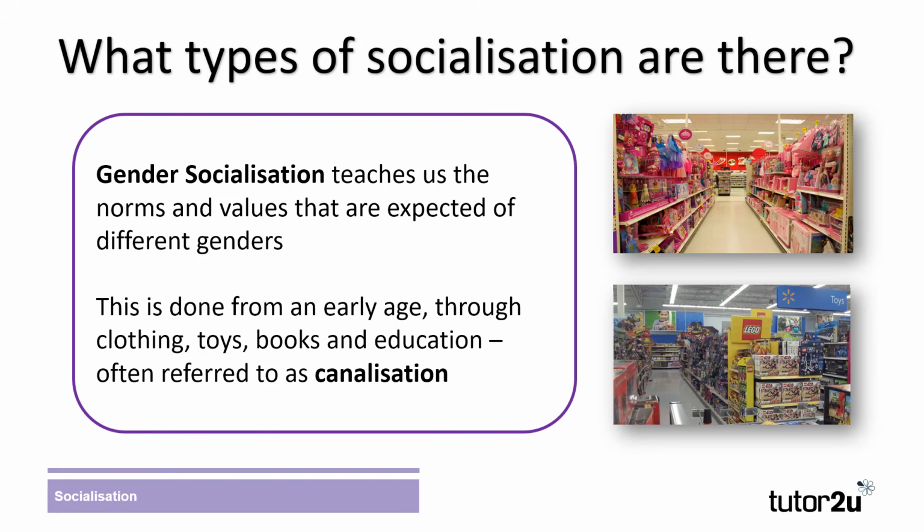Over the last 50 years or so, this has become more and more contentious, with a greater emphasis in contemporary society on gender neutral socialization, such as removing labels on toys for boys and girls, or creating books that move away from stereotypical gender roles, such as girls doing domestic work and boys being unemotional. Gender socialization, however, is an important concept when looking at the difference between males and females in society.